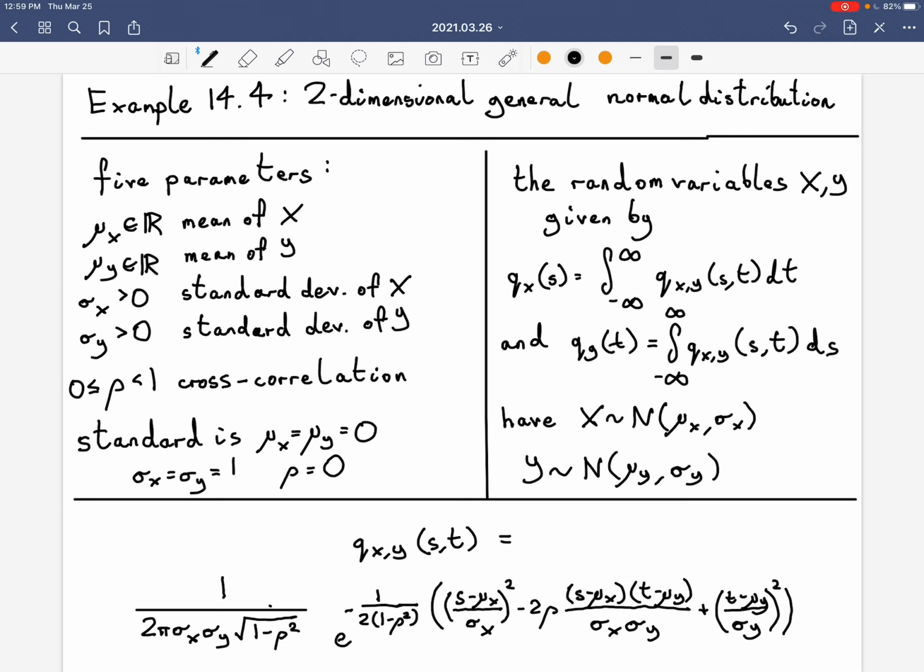So those 4 parameters are more or less what you'd expect from a naive coupling of 2 one-dimensional general normals. Each one-dimensional general normal is parametrized by a mean and a standard deviation. So these first 4 parameters are what I need to specify a pair of general normals individually.